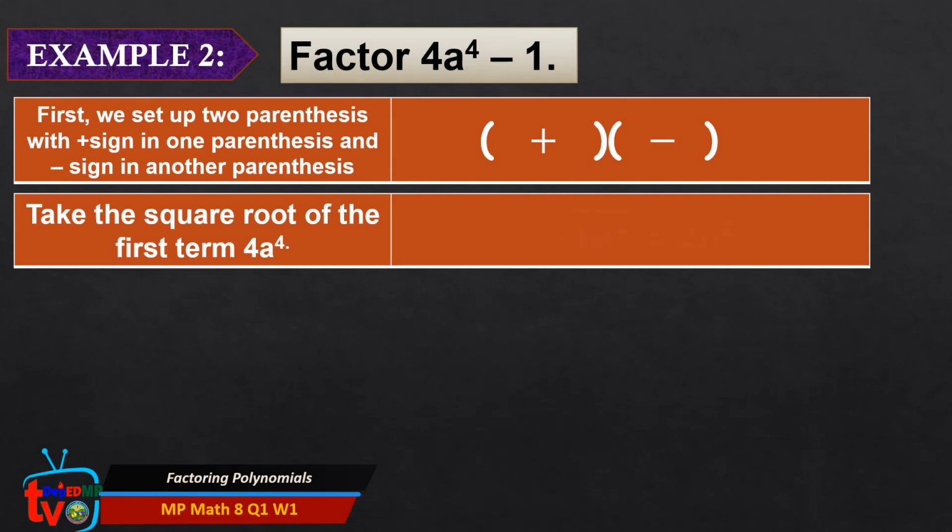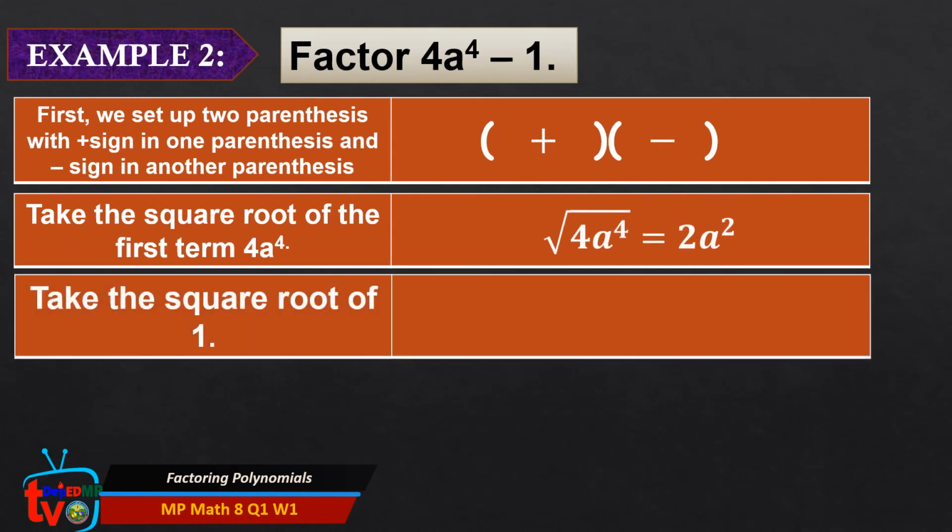The square root of the first term, 4a raised to 4, is 2a squared. So again, we write it as the first term of the two binomial factors. We have 2a squared, 2a squared. Next, we get the square root of 1, which is 1.